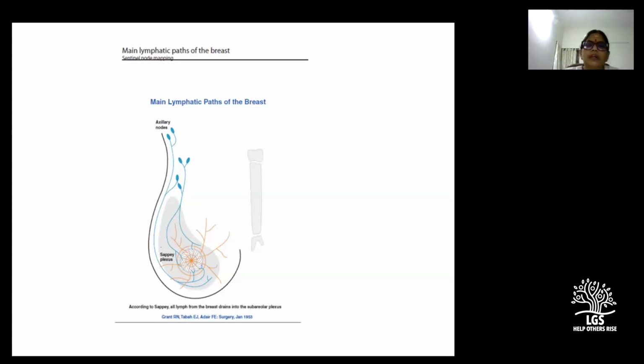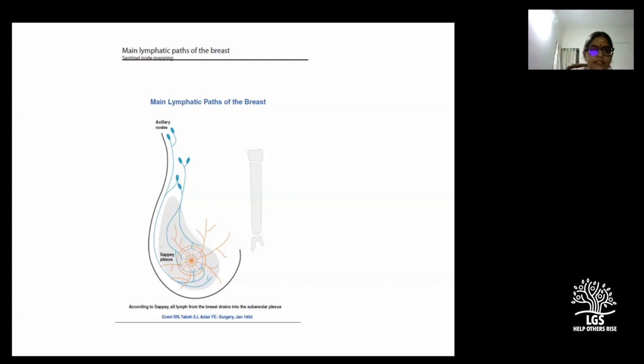So earlier on, about 10 or 15 years ago, this concept came about in the 90s and early 2000, and most parts of the world have adopted it, and most of the units initially, when they adopted it, validated it. So say a set number of patients, either 30 or 40 patients, would undergo both.